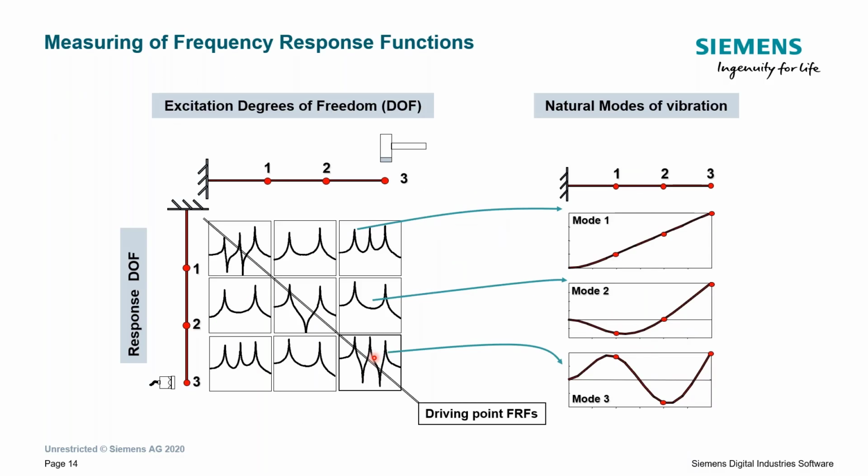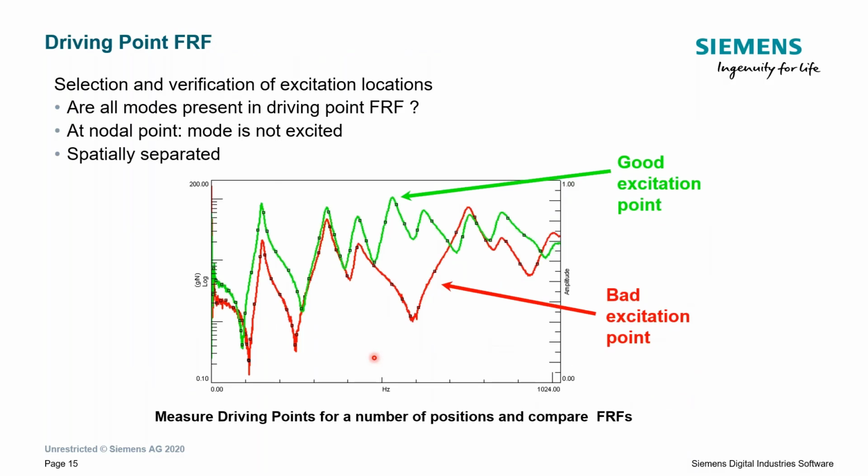We hit and measured at 3 locations, and this would be more emblematic of an actual structure where we're going to get a bunch of modes, and I look at a bunch of different driving points, and I can tell that the green one is a good excitation point because with the bad excitation point in the red, there are 2 modes that are not being excited when I input a force, okay?